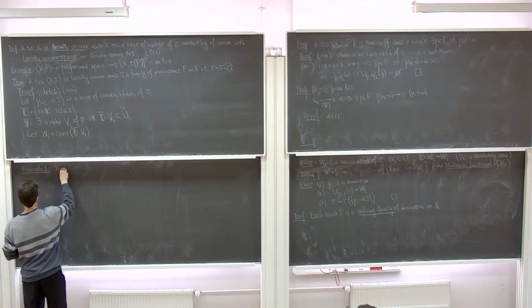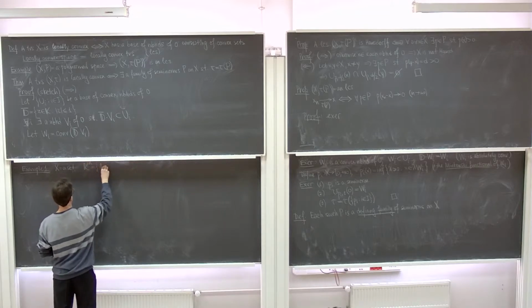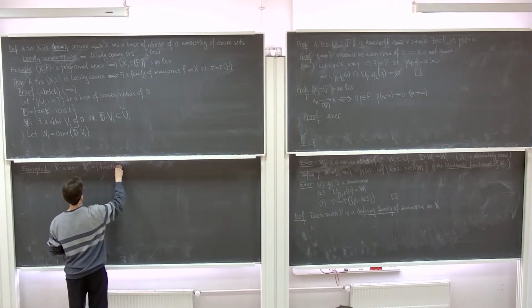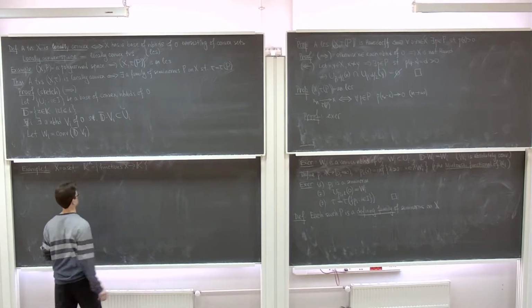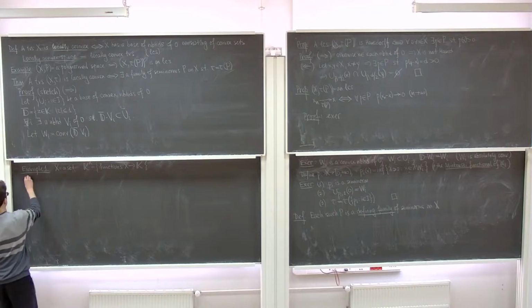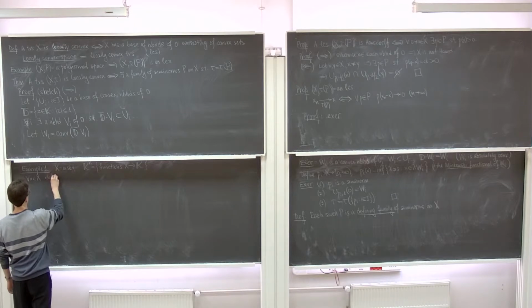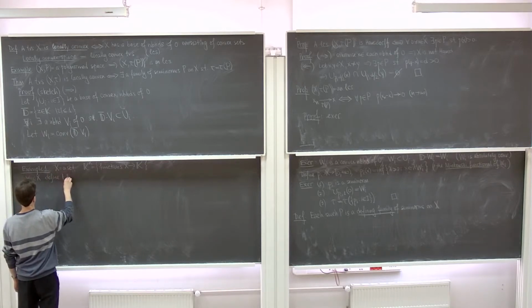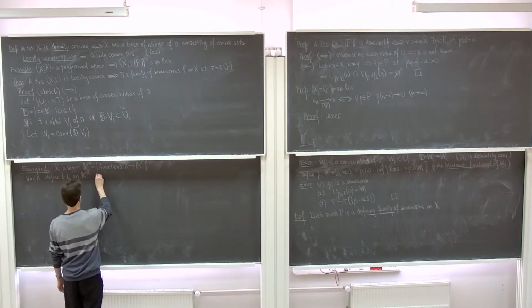Suppose that X is any set, and let's look at the space of all k-valued functions on X. We denote it by k to the power X for obvious reasons. This space has a canonical locally convex topology generated by the following family of seminorms. For each point in our set, we define a seminorm indexed by this point by the following simple formula.